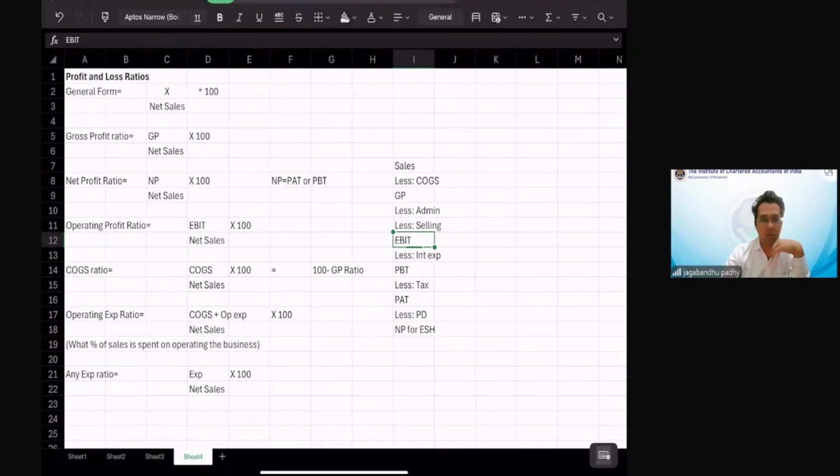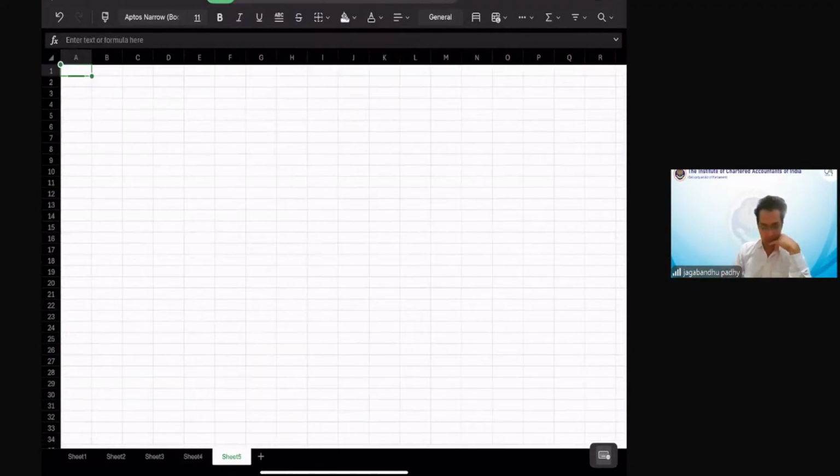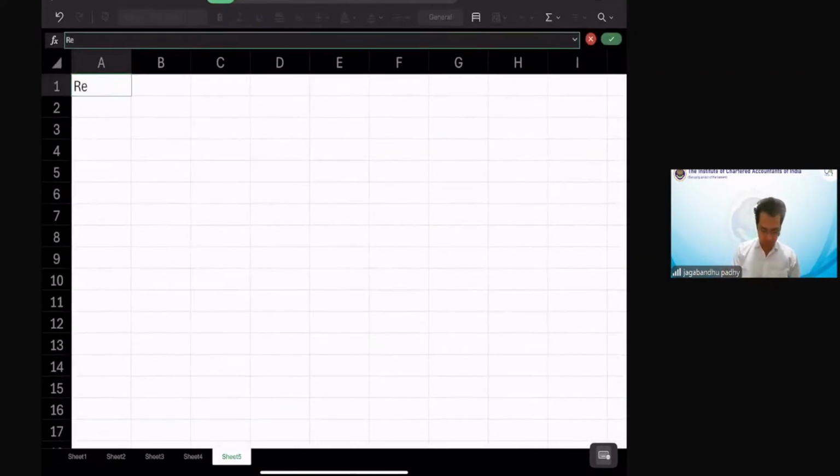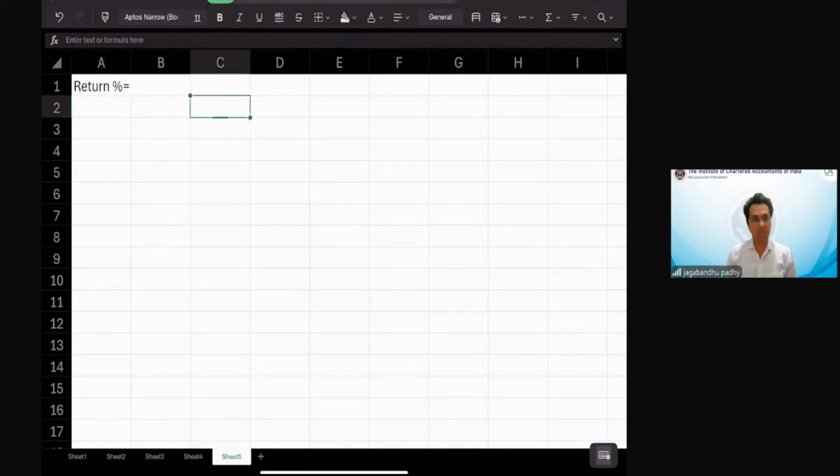Okay, fine. Let's look at some of the return ratios. How do we compute the return percentage? How do we calculate the return in percentage terms?